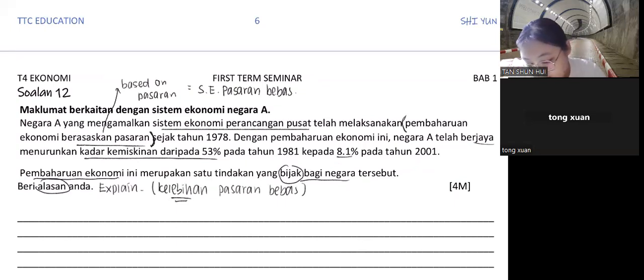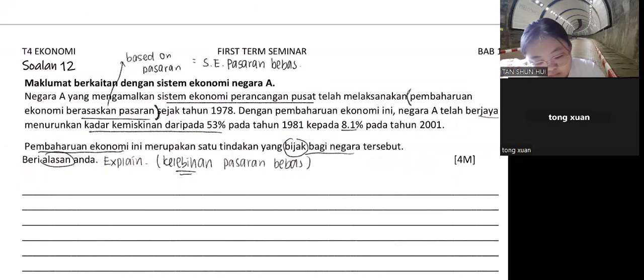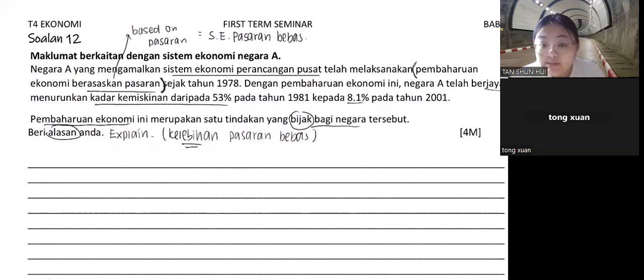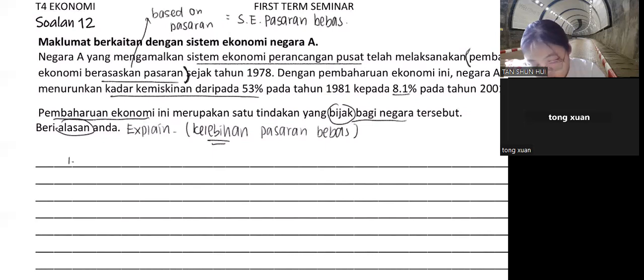All right. Now we learned before. Is it why kemiskinan will reduce? You can tell first. Yeah, pasaran bebas, what is the kelebihan? Kelebihan is because we have what? We have more chances to do business. So when people do business, people will become rich. All right.